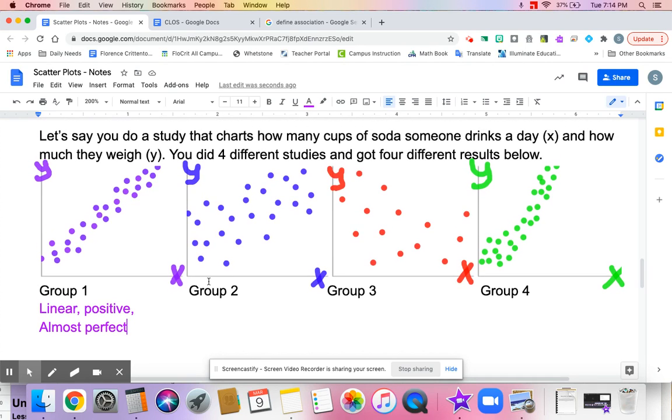Let's do the same thing for all the groups. Let's first list their associations. For group 2, is this linear or not? It's definitely linear because you can draw a straight line through it, and that's kind of what the data is doing. Is it positive or negative?